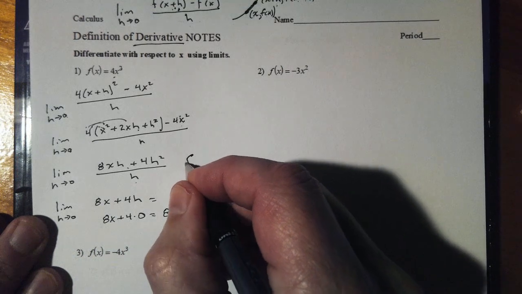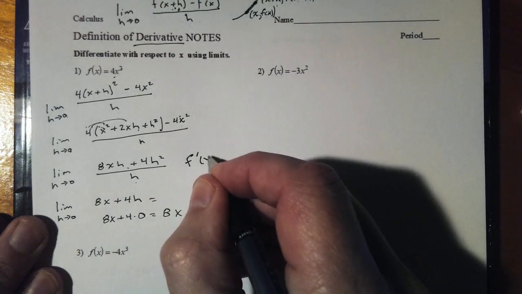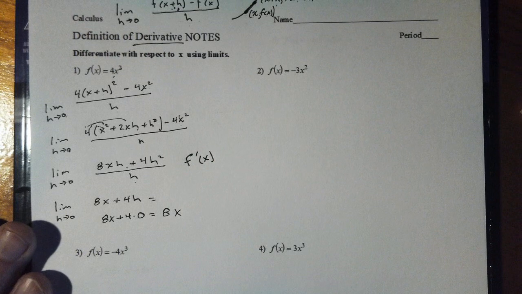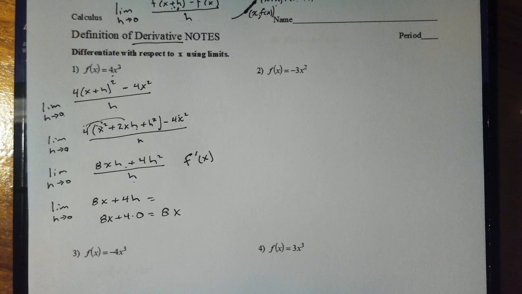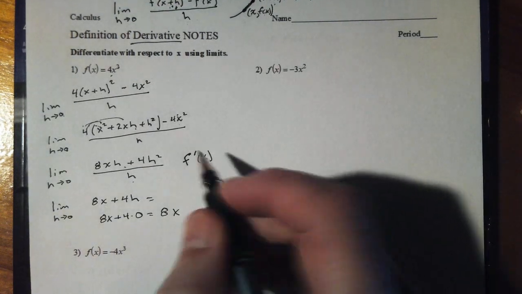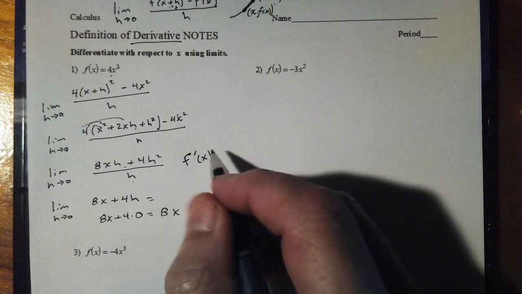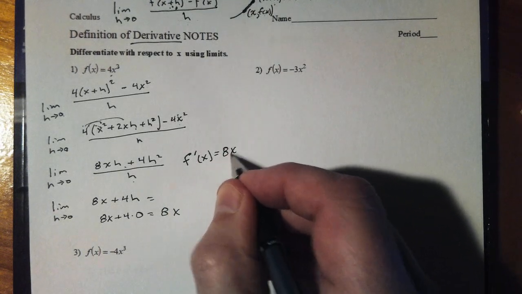So our slope formula, which we call f prime, or we can write it that way. There's a number of different ways to write derivatives, but we're going to use this form. You'll talk about more forms next year. Maybe in this class we'll get into some of that. But f prime x, or the derivative or the slope formula, is just 8x.